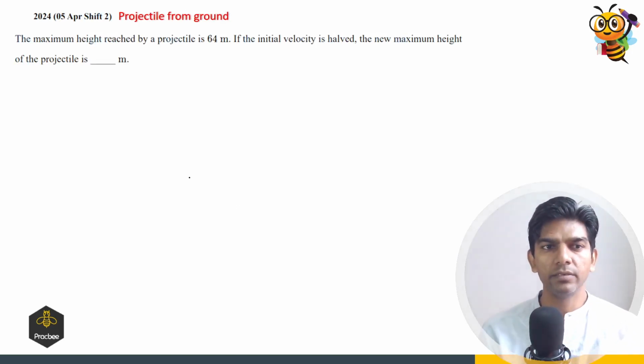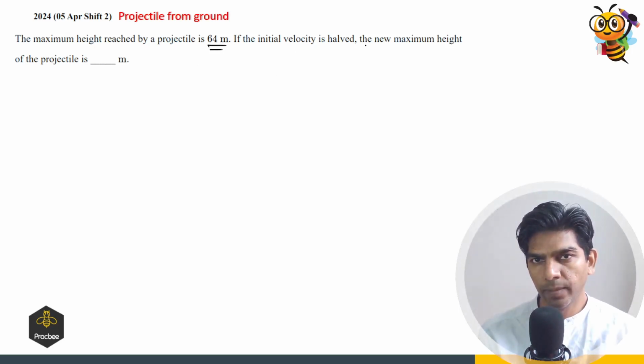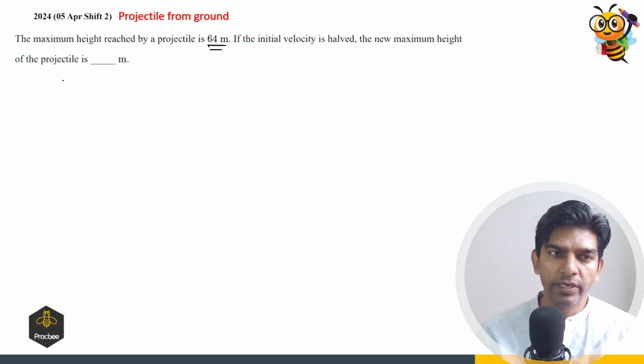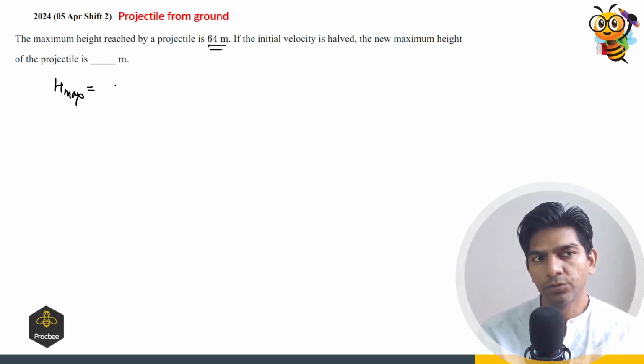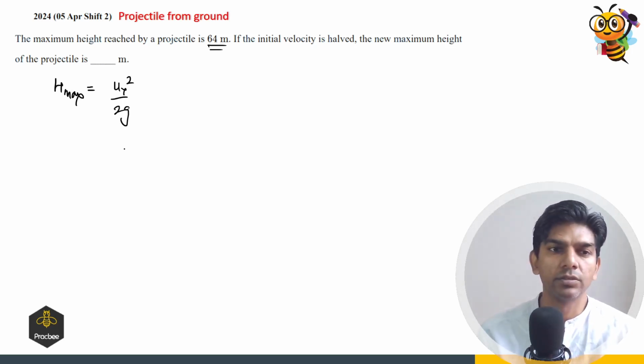The maximum height reached by the projectile is 64 meters. If the initial velocity is halved, the maximum height of the projectile is? So we know that h max, suppose if we're throwing the projectile in the vertically upward direction, it is basically uy square by 2g, where uy is the velocity in the upward direction.